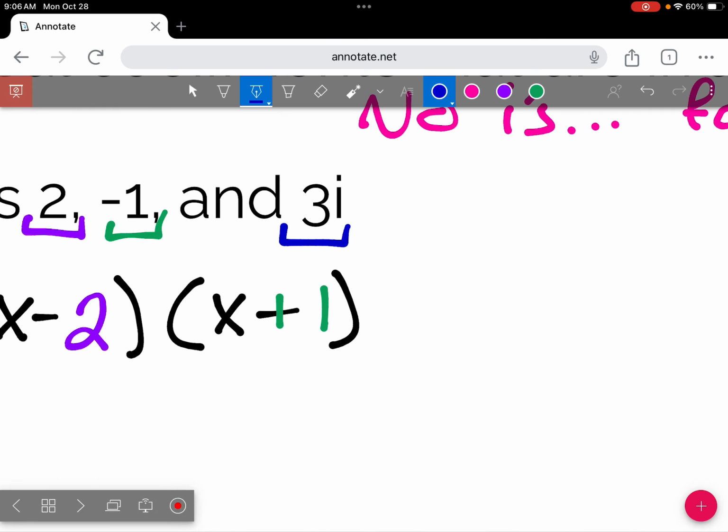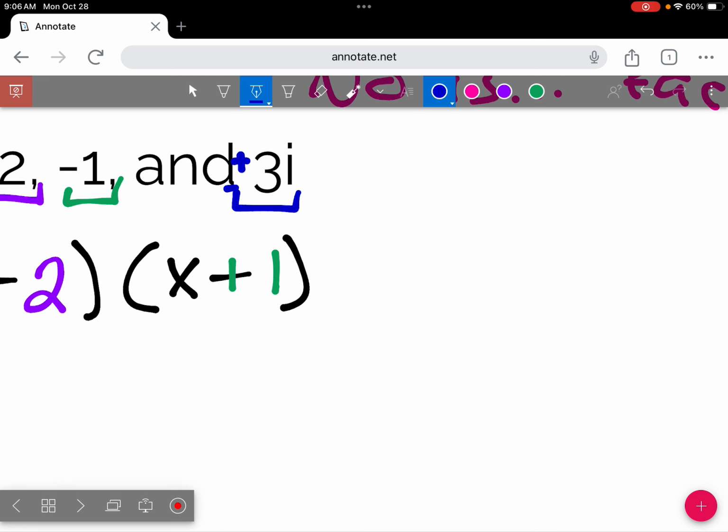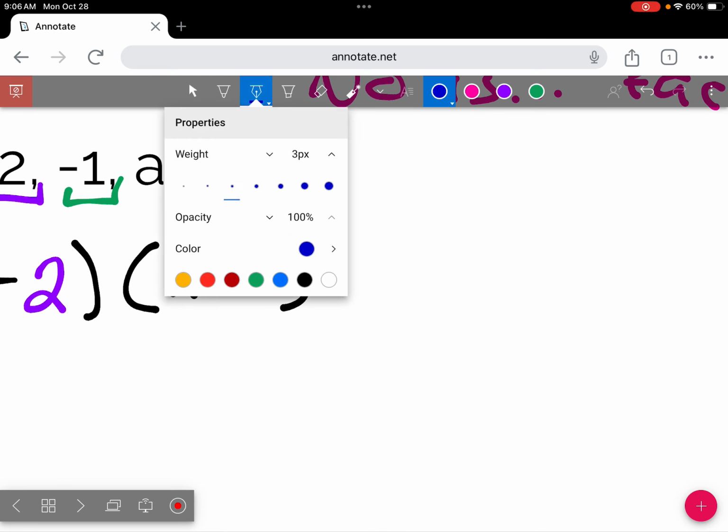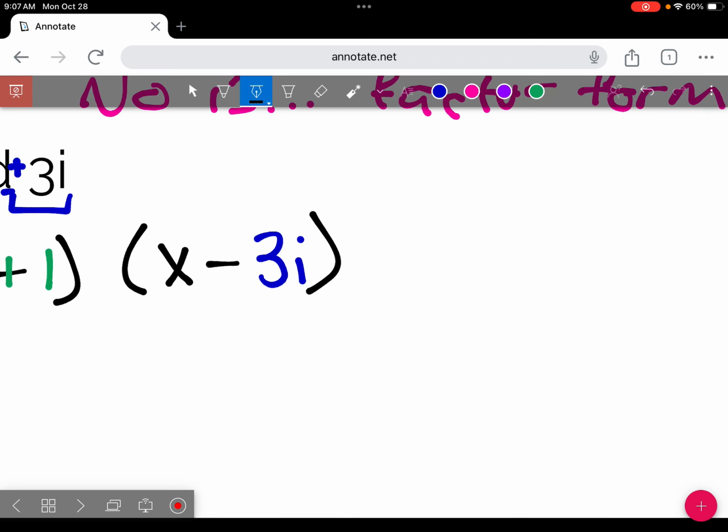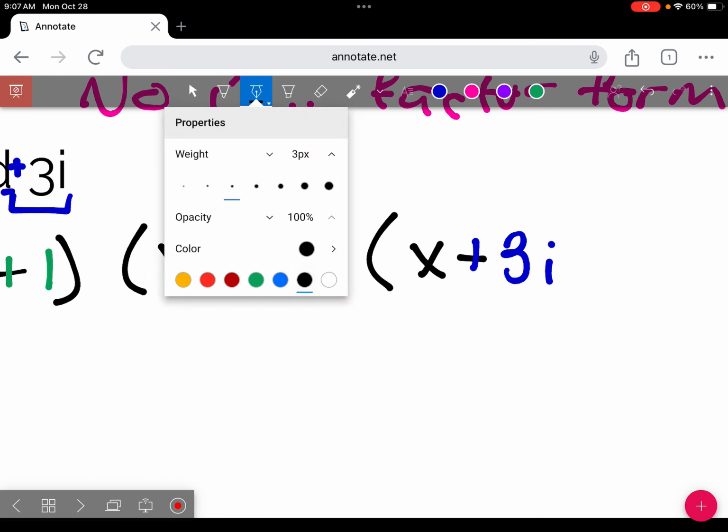Yeah, it's plus or minus 3i because imaginary factors always, always, always come in pairs. So we're going to do this as x minus 3i, because that would be our factor of positive 3i, and we're going to have x minus negative 3i, which is x plus 3i.